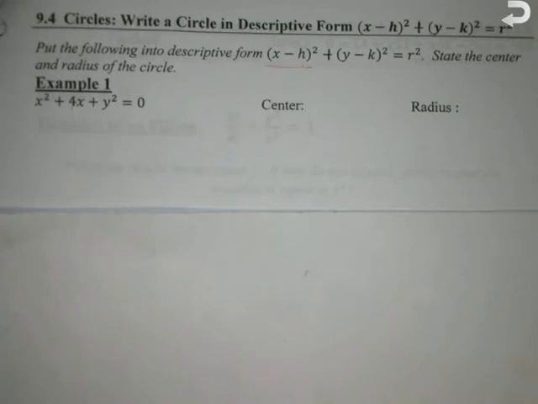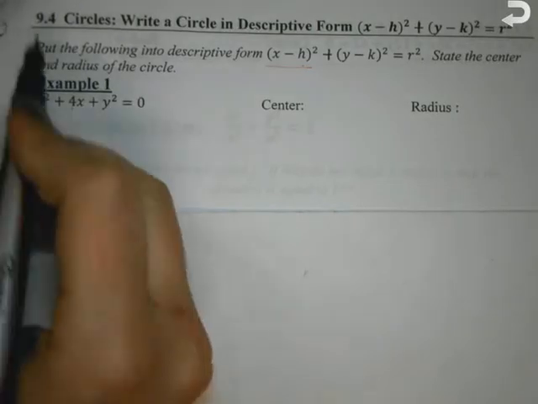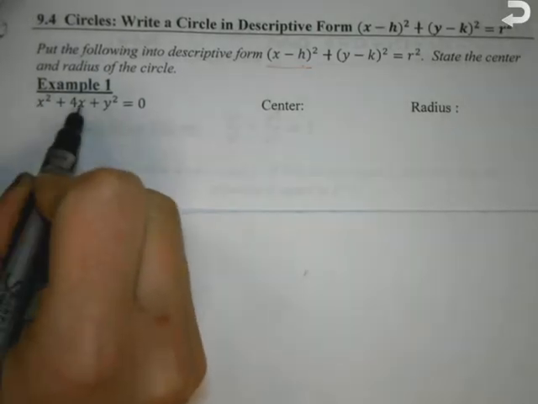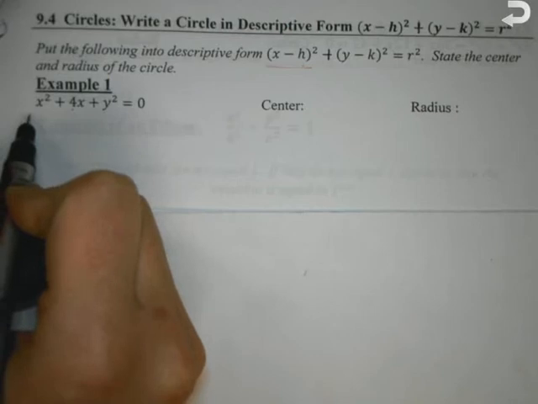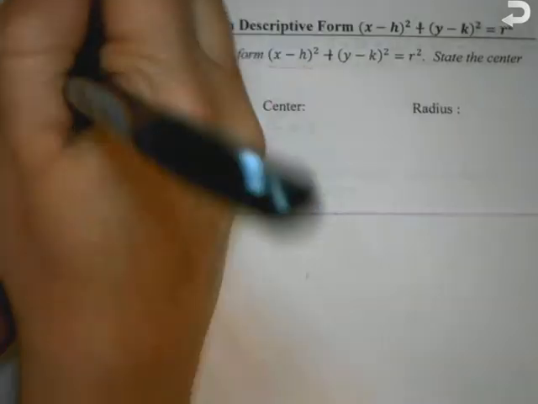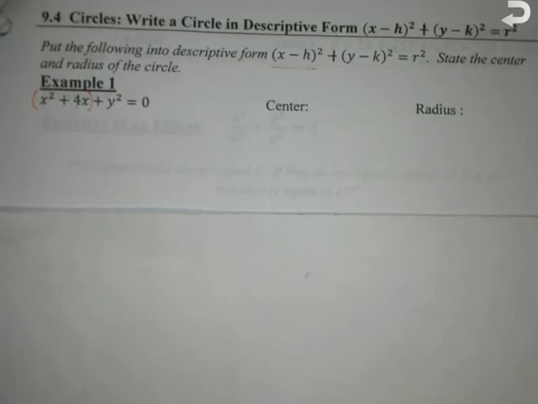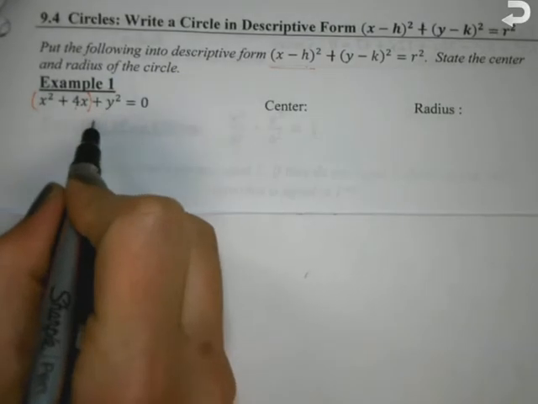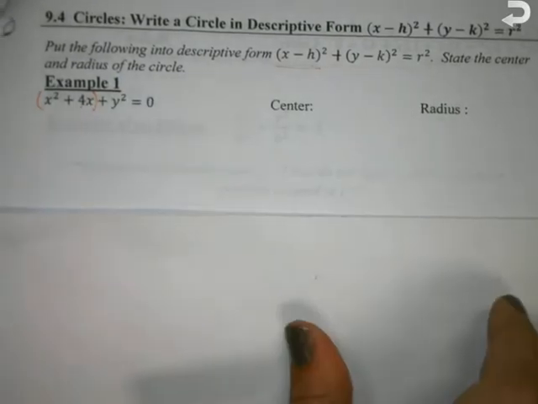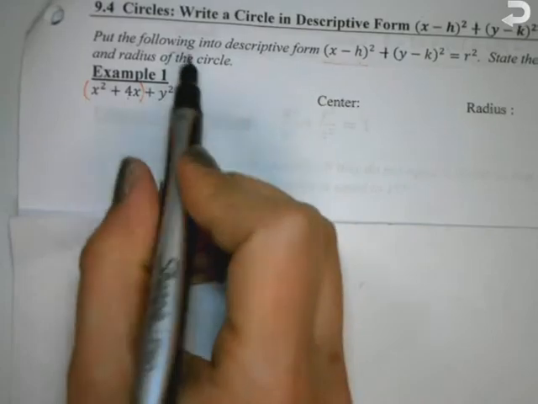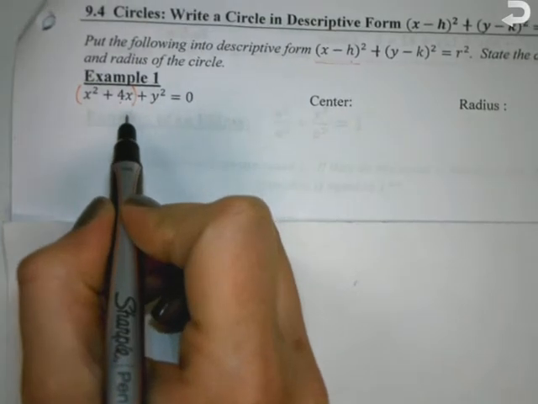So whenever we have terms with the same variable in it, we're going to group them. So we're going to group all the x's together. Now the y's we don't really have to worry about because there's no other y's in here besides the y squared. So we just get to leave y alone this time.